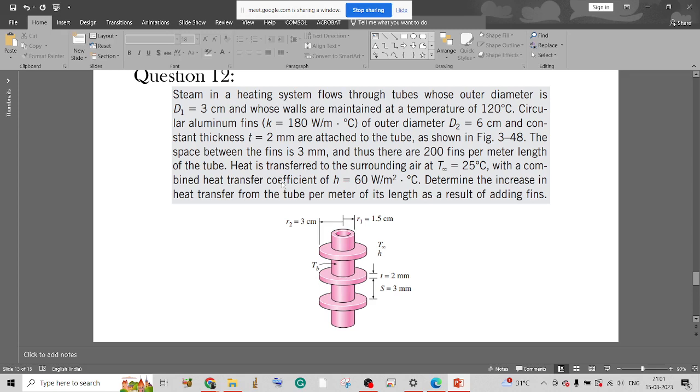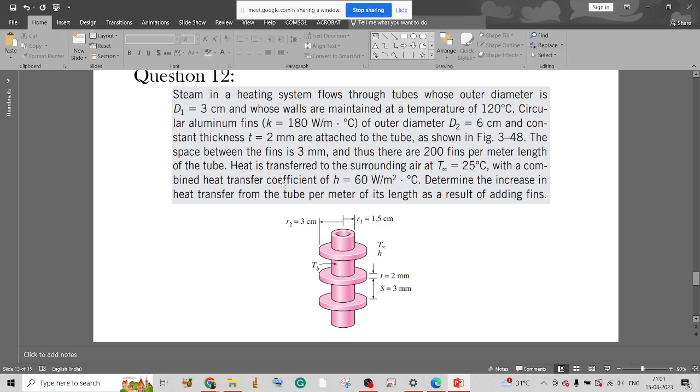Give me the value for the effectiveness. 0.046.